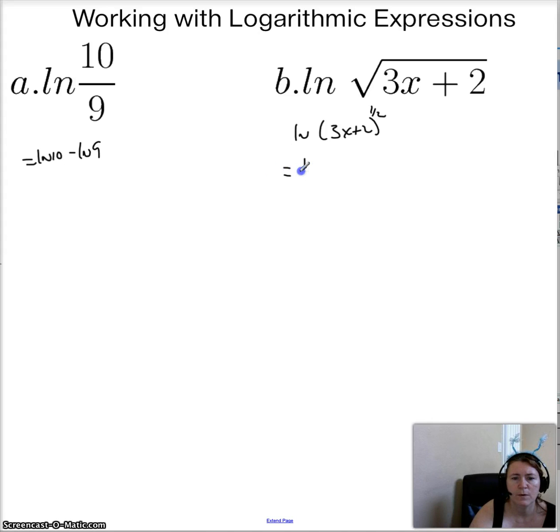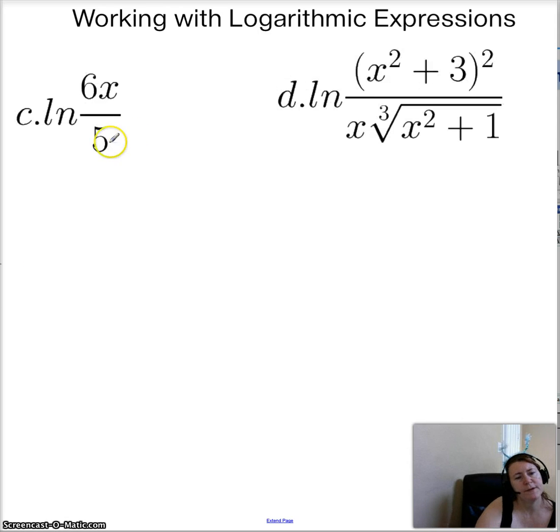This is 1/2 times the natural log of 3x plus 2. Can I do any more? No, not really. Because I can't just break these up. They have to be multiplied by each other. You can't just break those additions up. Don't do it.